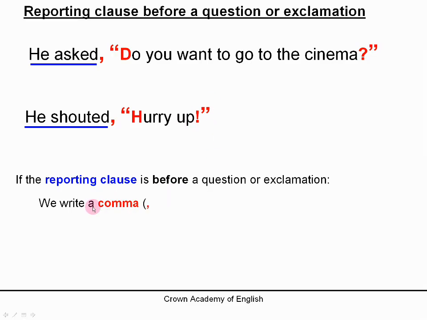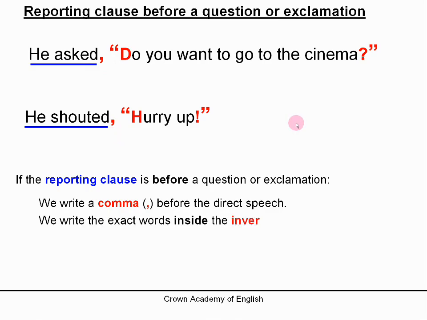So the rules, well, the first rules are the same. Okay, nothing changes here. We write a comma before the direct speech, here and here. Again, we write the exact words inside the inverted commas. So the inverted commas are here and here.